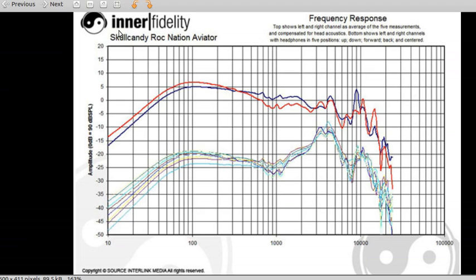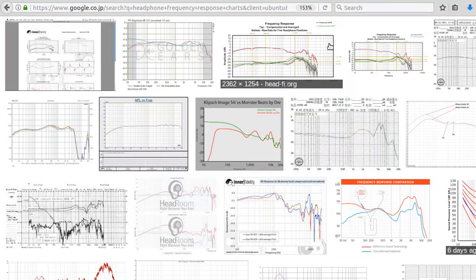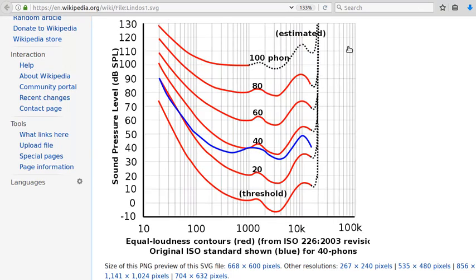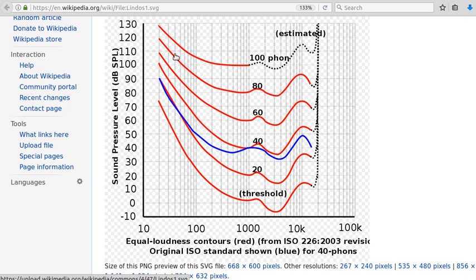I learned Inner Fidelity will add the effect of HRTF, human head related transfer function, to compensate the curve, because the human ear, the fleshy ear, has frequency sensitivity that is not flat.